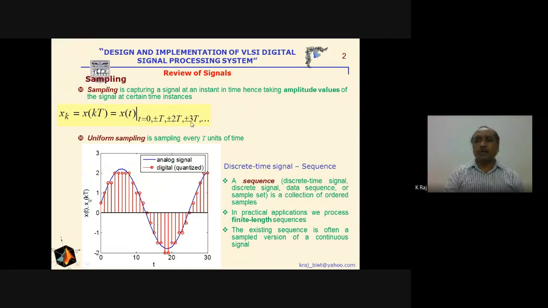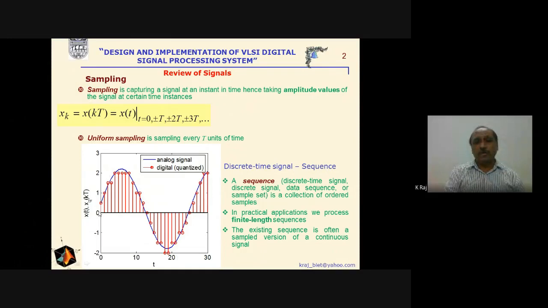It means that in place of selecting the total signal, we are selecting the signal values at particular times, that is, integer multiples of capital T. So x of t can now be represented as x of kT, where k is any integer starting from 0 up to a finite value. If we want to represent this in a very simple form, it can also be represented as x of k.